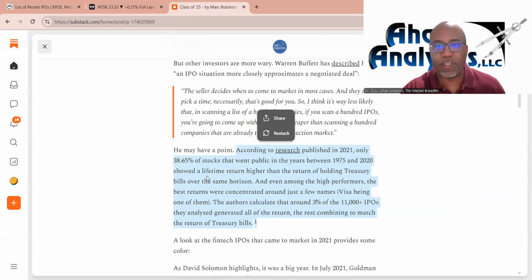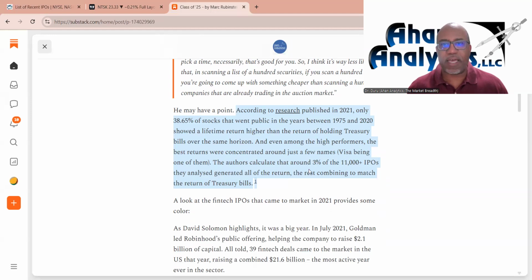So this is a quote from Net Interest quoting another research study published in 2021 that found only, let's just call it 39% of stocks that went public between 1979 and 2020 showed a lifetime return higher than the return of holding treasury bills over the same horizon. That's awful. So if you think about a risk-adjusted return, these stocks are terrible because the risks are so much higher with IPO stocks than holding treasury bills. And even among the high performers, the best returns were concentrated around just a few names.